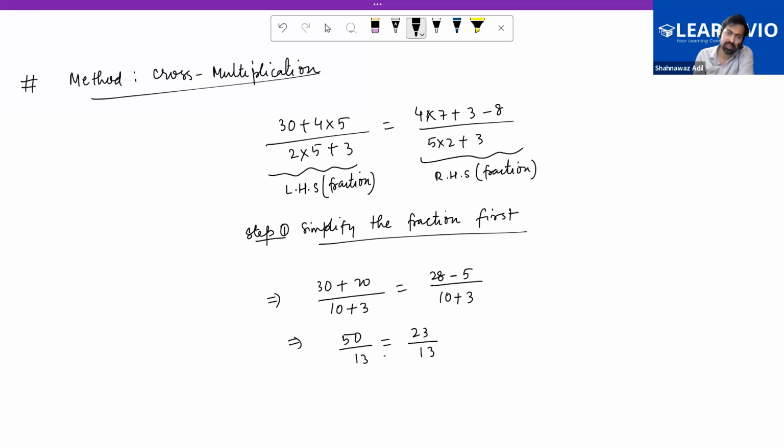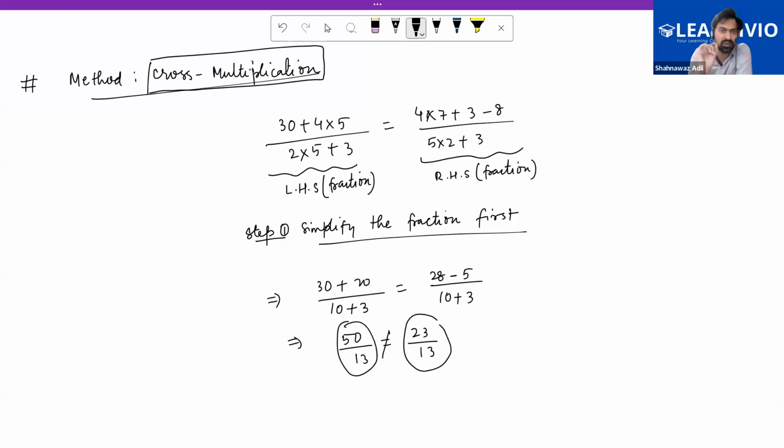Clearly these are not equal, so this equality is wrong. I have just chosen some random numbers. This is the first thing we do in cross multiplication, and we use this idea to find the variable.